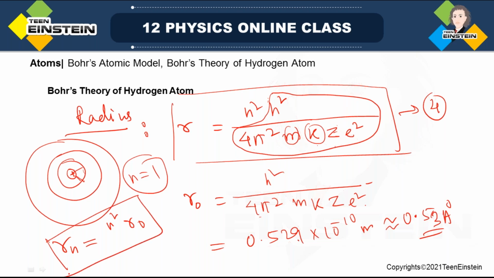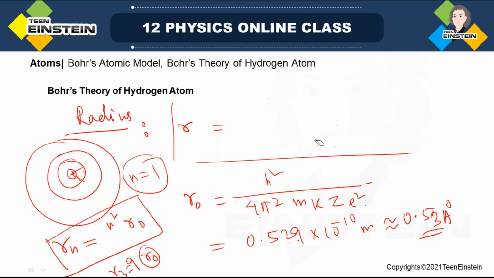There will be a question in various competitive exams. They will give the radius of the first Bohr orbit as r0, then ask what will be the radius of the third Bohr orbit. It will be 9r0, since the radius of the third orbit is n² r0. It is directly proportional to the square of the principal quantum number. So it is sometimes recommended to remember the value of the first Bohr orbit.